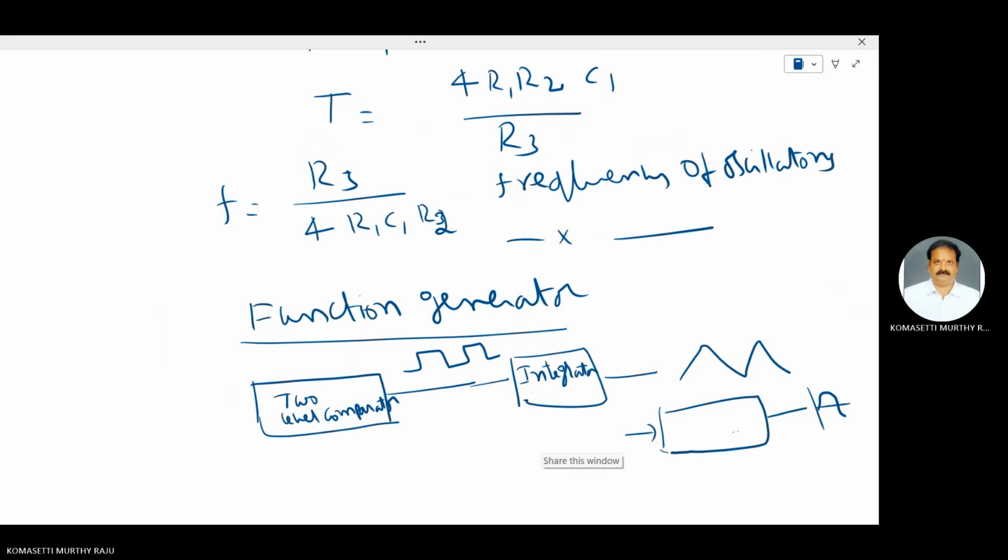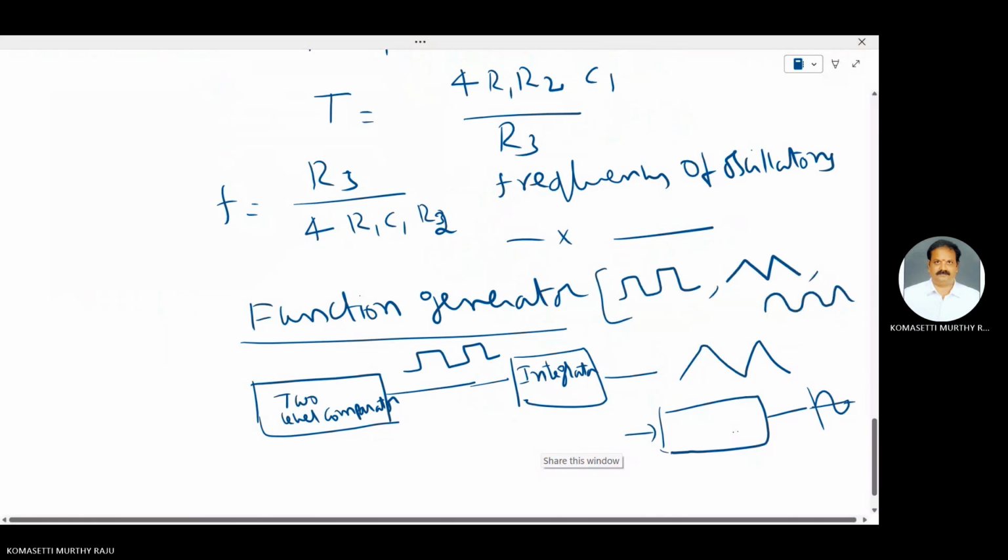The function generator is used to generate triangular and sinusoidal waveforms. How to obtain the sinusoidal waveform? By using an extra circuit. A triangular wave is input to that circuit, and the output of the circuit is a sine waveform. The shapes are curved like that.